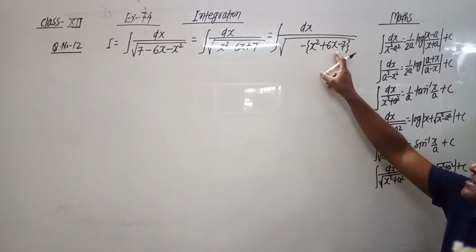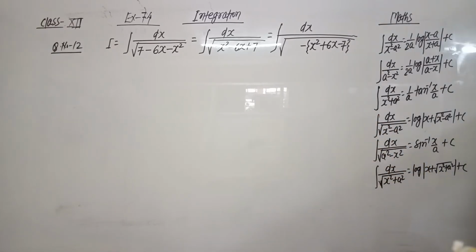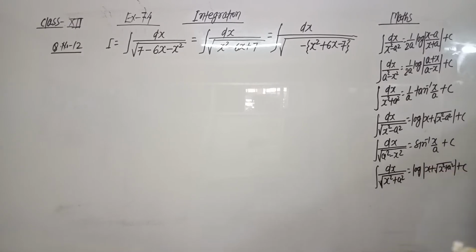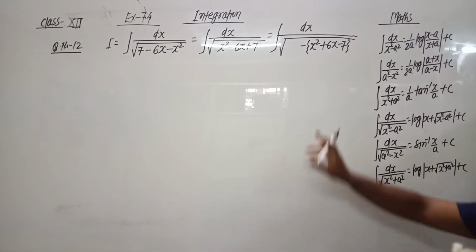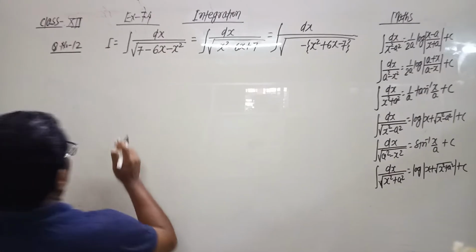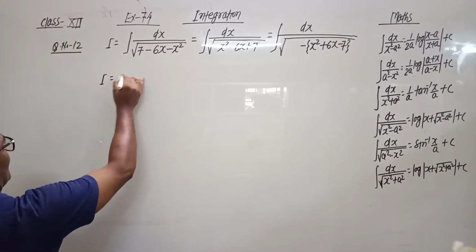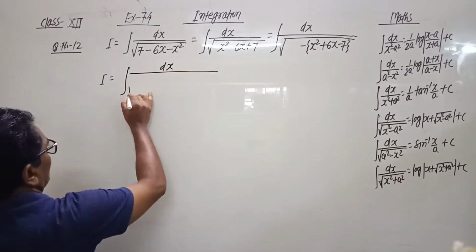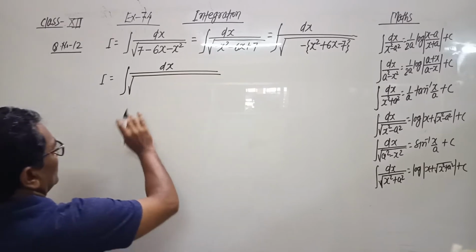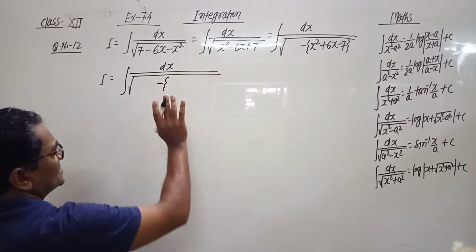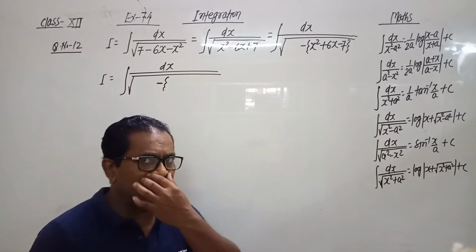Now we have to make it a square form, and for making it, we use two formulas: a plus b the whole square and a minus b the whole square. But here the coefficient of x is positive, so we use the formula a plus b the whole square. Now integration equals dx upon, in the square root we leave the space, then minus, then we make the square term.